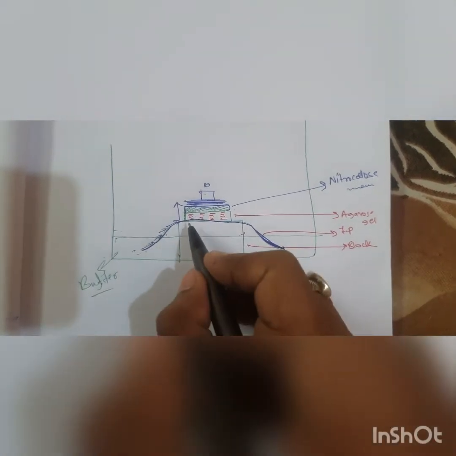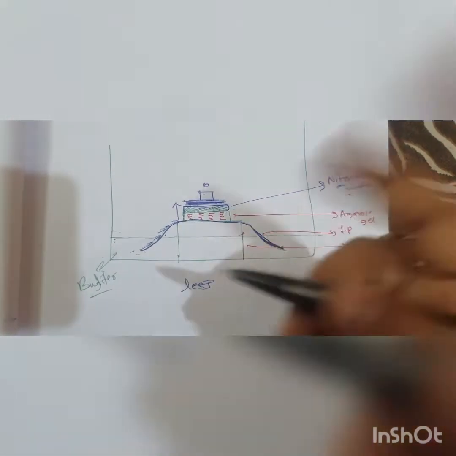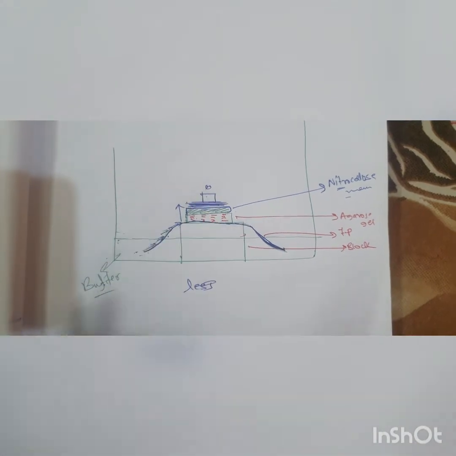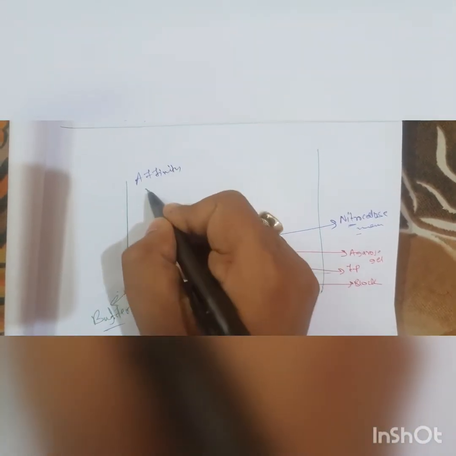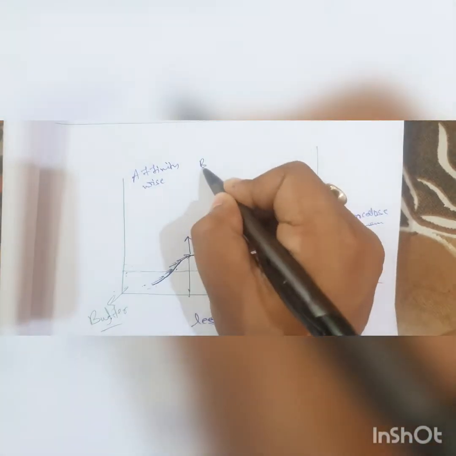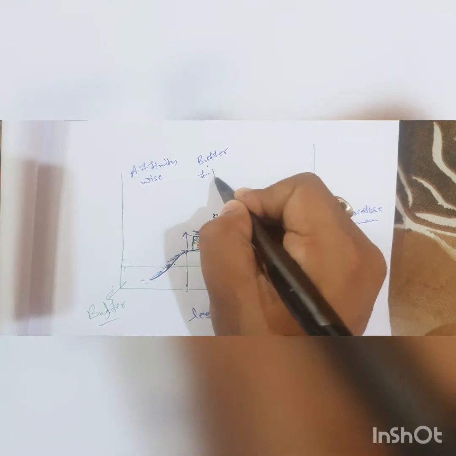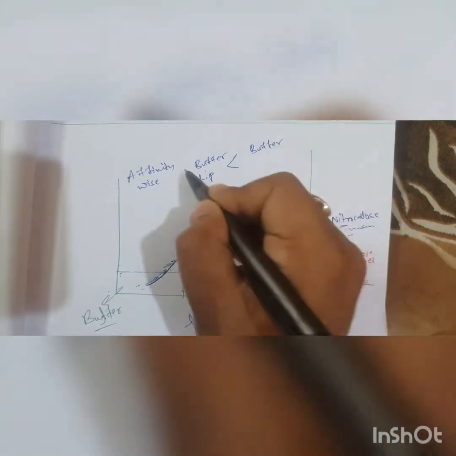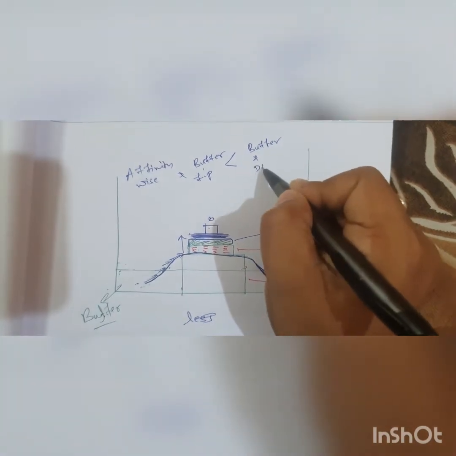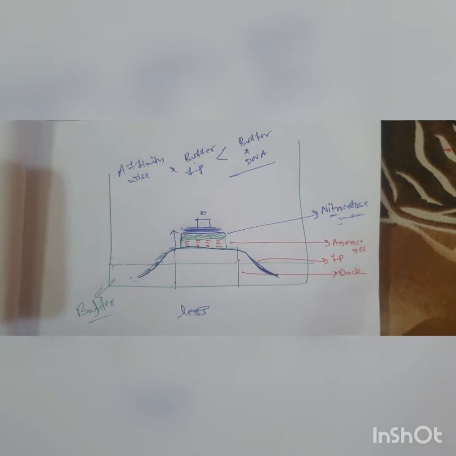However, the affinity of nitrocellulose membrane with the DNA is greater than that of buffer and DNA. So affinity wise, buffer and filter paper has less affinity than buffer and DNA. Due to this, the DNA will rise with the buffer into the nitrocellulose membrane.